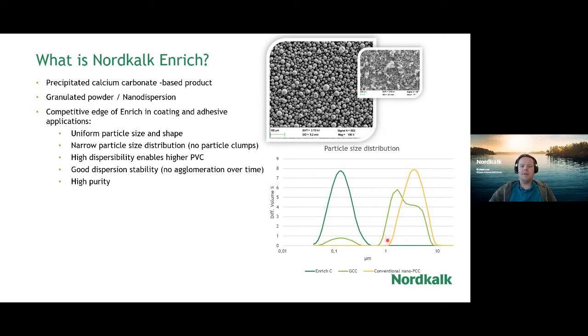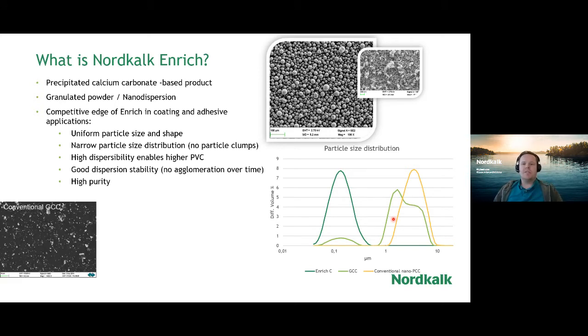Then we have a conventional nano PCC, which is nano-sized but is agglomerated, and the particle size distribution is anyway wide, from 1 to 10 micrometers, with only a minor amount of these smaller scale particles. And this we can also see from the same pictures. Here we have a picture of a conventional GCC.